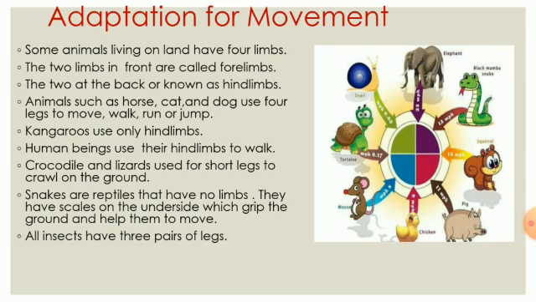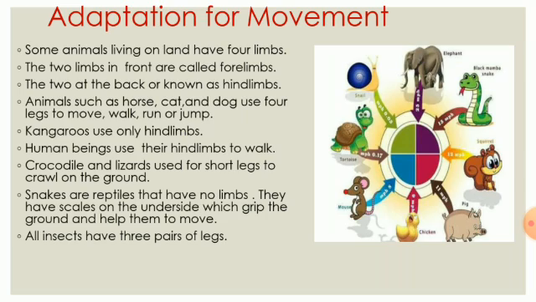The four limbs of human beings are called hands. And certain animals like crocodile and lizards use short legs to crawl on the ground. They do not walk, they crawl on the ground.